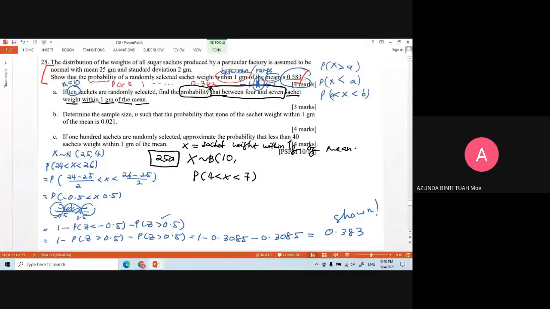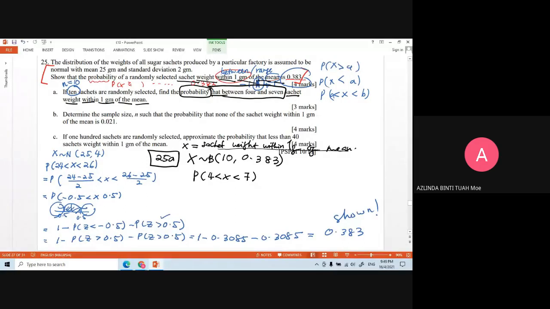Jadi, n dah ada, P: apakah probability untuk dapatkan berat the sugar sachet tu within 1 gram of the mean? Cari ayat yang menunjukkan probability bagi event ini. Soalan atas ni lah kan? Yes, weight within 1 gram of the mean, so probability dia di sini 0.383.